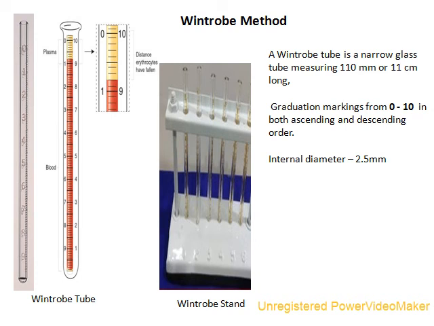As we can see in this diagram, the Wintrobe tube is a narrow glass tube measuring around 110 millimeters or 11 centimeters long, with graduation markings from 0 to 10 in both ascending and descending order. The internal diameter of the tube is around 2.5 millimeters, and after loading the blood, this tube is again placed in the Wintrobe stand.